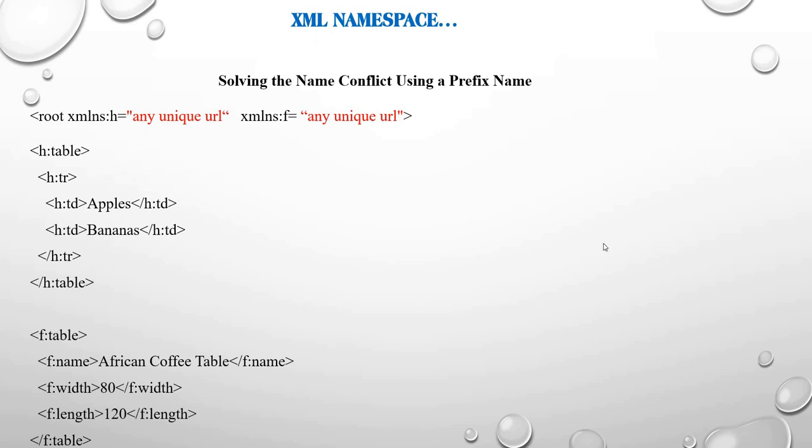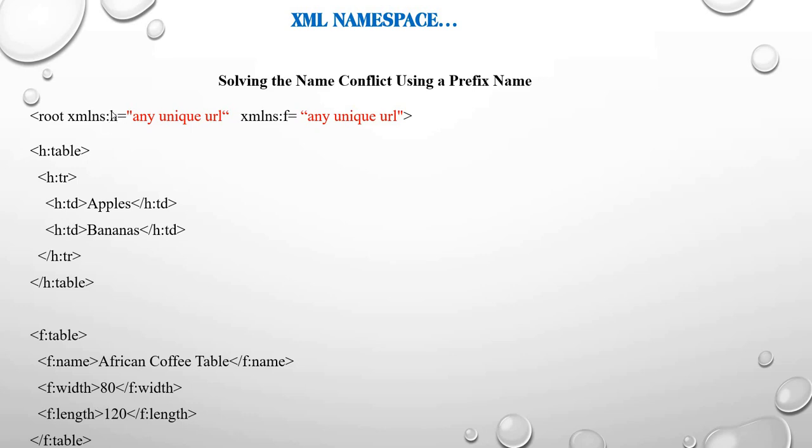To solve this name conflict, we use a prefix name. So here we can include a different prefix name for different tags. If we have both table tags in the same document, one table is prefixed by H and another table tag is prefixed by F. So here we can see H is the namespace prefix, the XML namespace.